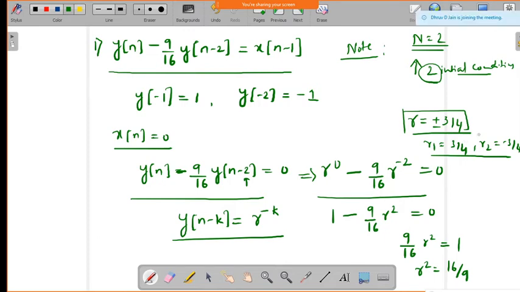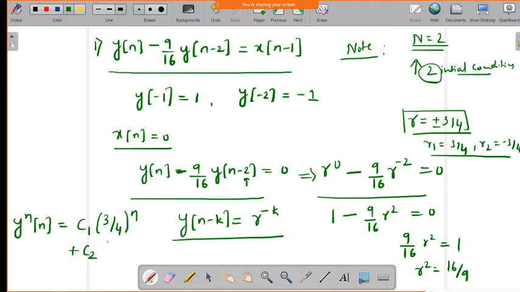Now we can write the natural response solution, that is y n of n, equal to C1 into r power n, where r is 3 by 4, so 3 by 4 power n, plus C2 into minus 3 by 4 power n.